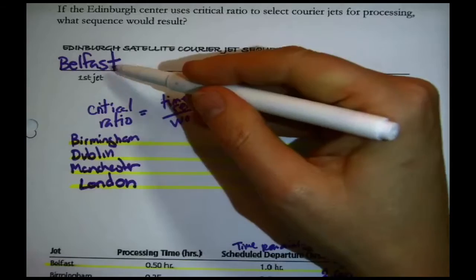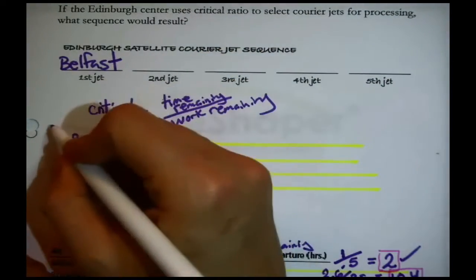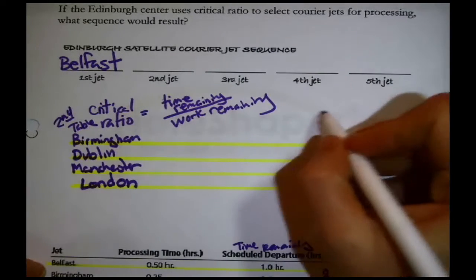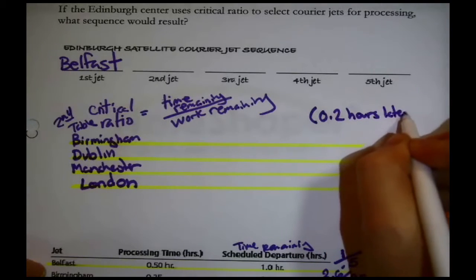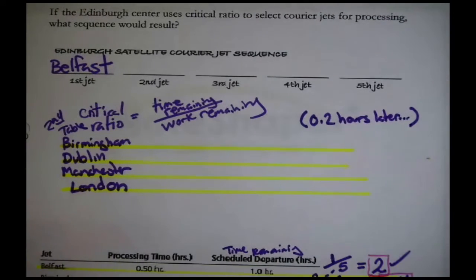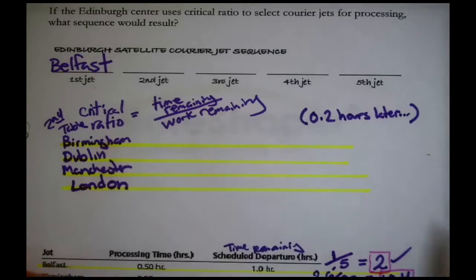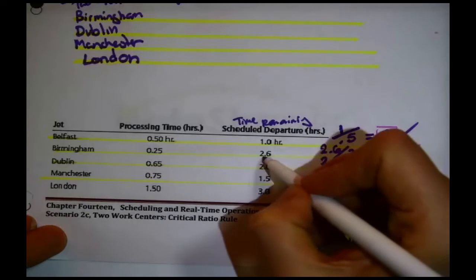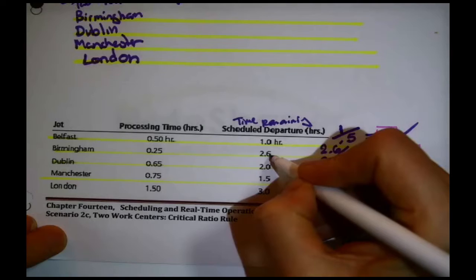Here's the deal. We have scheduled Belfast, right? So for this second table, and I'll just jot it over here, it is 0.2 hours later. You say, all right, so think about it. Time remaining for Birmingham. Remember our scratch work at the beginning? Birmingham originally was scheduled to leave 2.6 hours from now. It's now 0.2 hours later.